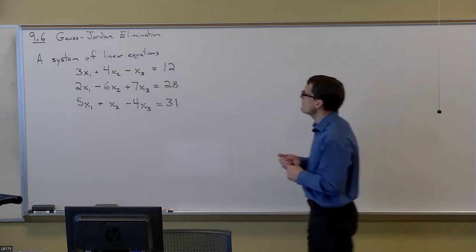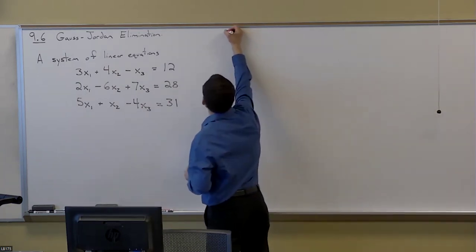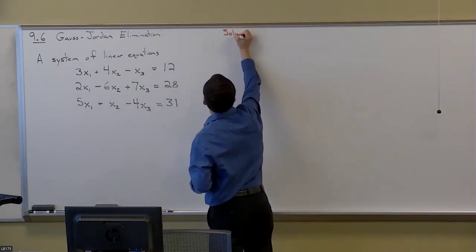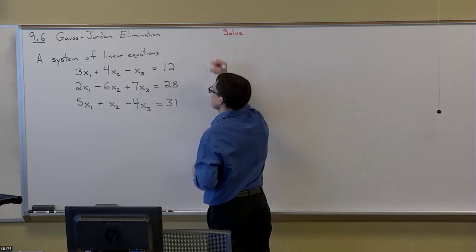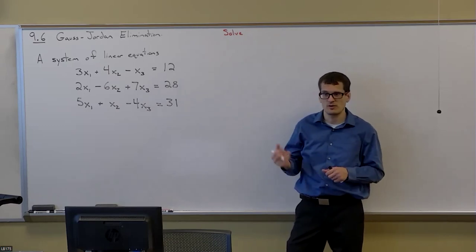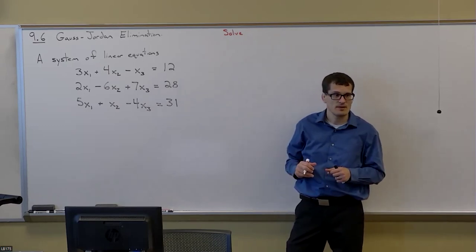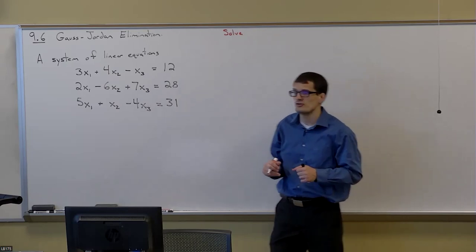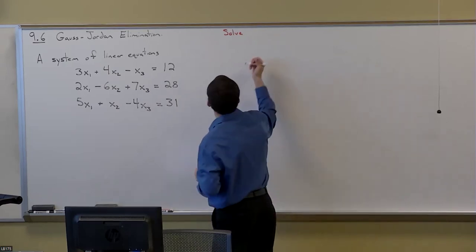So what we do if we want to solve this using Gauss-Jordan elimination, we're not going to actually do the process of elimination, but we will use an augmented matrix.